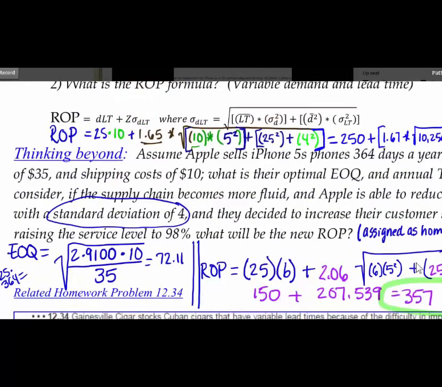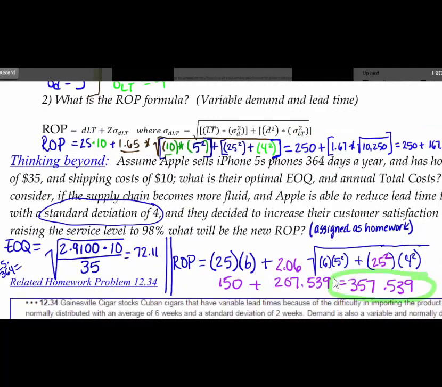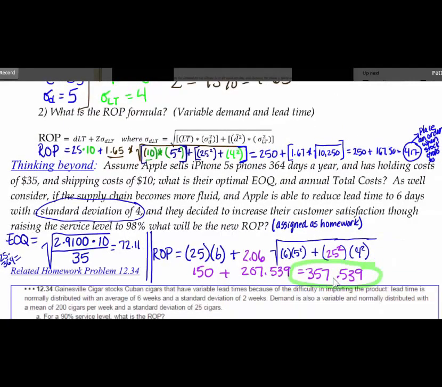You can see that a few things changed here, and that is I had to calculate the economic order quantity, which would be how much to order. And then I calculated the reorder point for you given these new parameters. So you'll notice that the reorder point goes down a little bit, but I would like you to work this out and then come back and look at what I have here and see if that agrees with you.